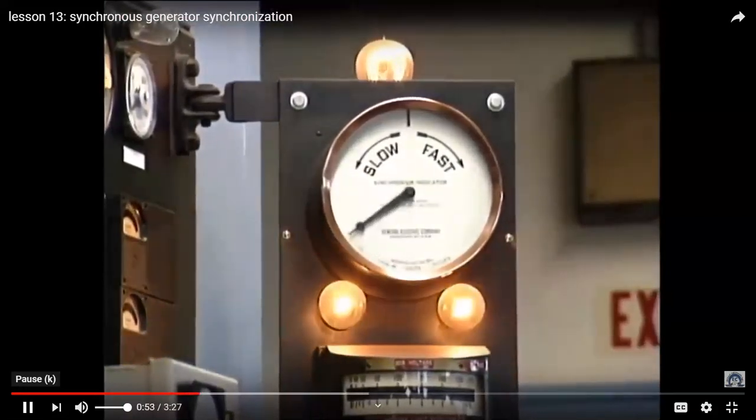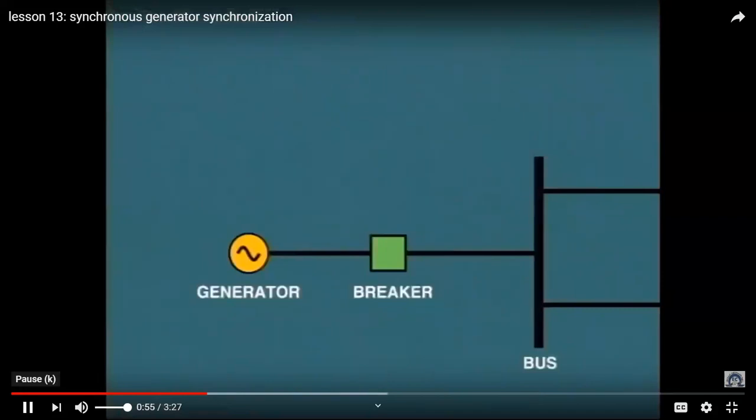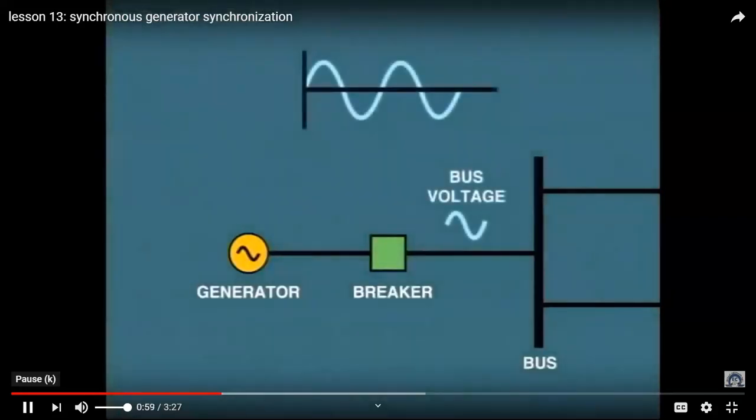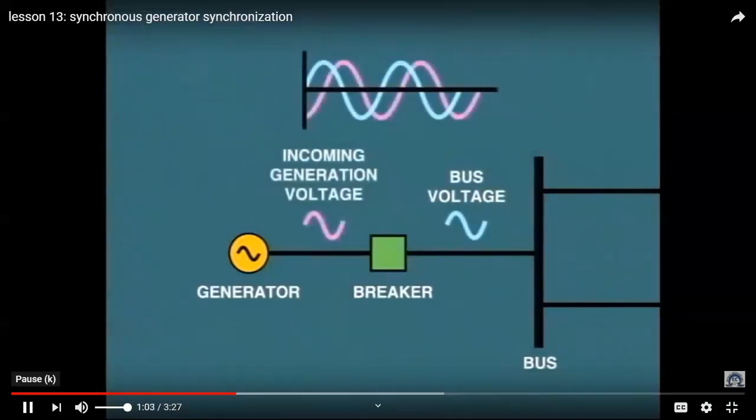What do we mean by this? Well, look at this example showing one phase only. Here is the sine wave representing the bus voltage, and here, superimposed, is the incoming generator voltage. You can see that the generator is over 90 degrees out of phase. If we closed the breaker in this situation, the generator would attempt to pull itself into phase. Now, this could twist the windings in the stator core and create considerable damage.